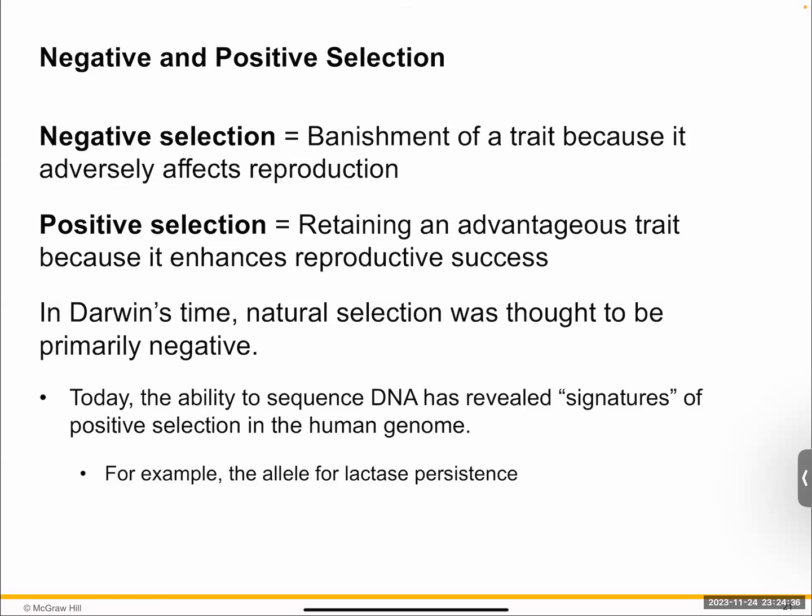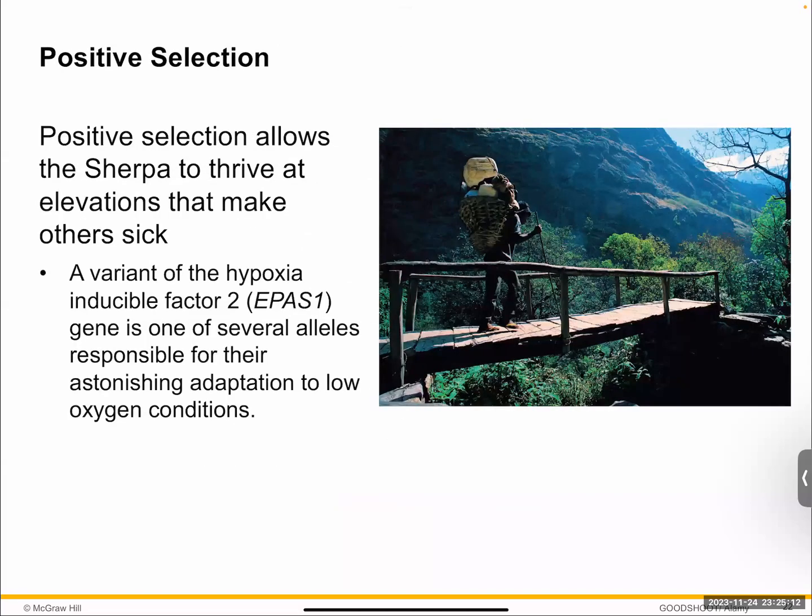But with our ability to sequence genomes and compare to the original population to see how genes have been maintained over populations, we have figured out that many of the genetic information present in us are actually positively selected for, which allows us to survive in our environment better rather than eliminating genes that can be harmful to us. And as I mentioned, is our ability to tolerate lactose within our body, allowing us to continue consuming dairy product as part of our diet.